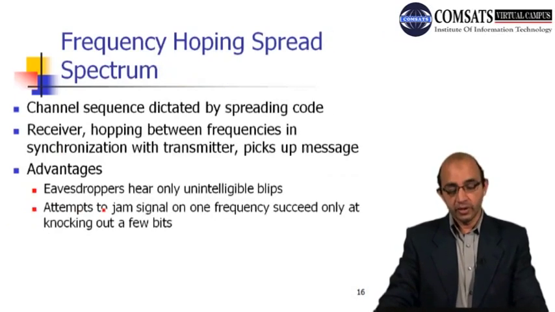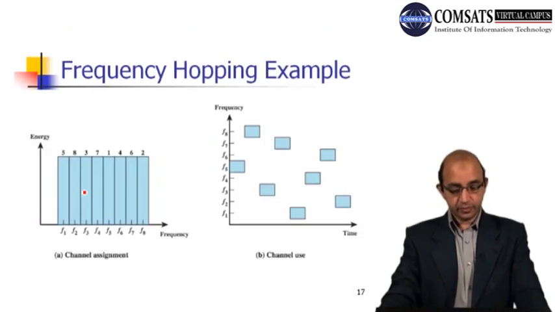This is one of the advantages of frequency hopping spread spectrum, dictated by the spreading code. The receiver hops between frequencies in synchronization with the transmitter and picks up the message. So again, life is very difficult for interceptors, jammers and eavesdroppers.